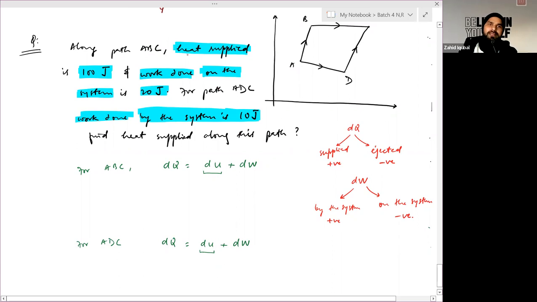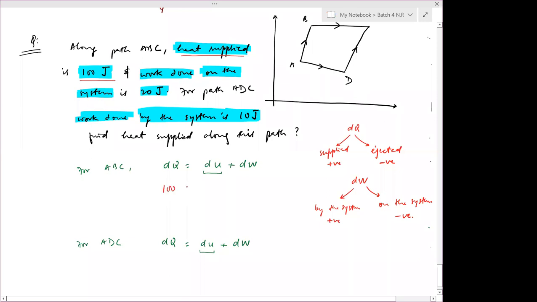Nabila, just tell me what you'll say about this heat supplied to the system. It will be positive or negative? It will be positive. Good. So it will be 100 equals the change in internal energy.